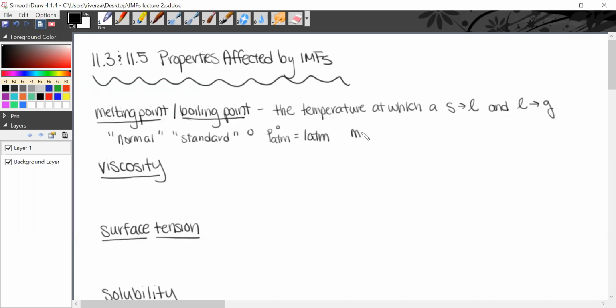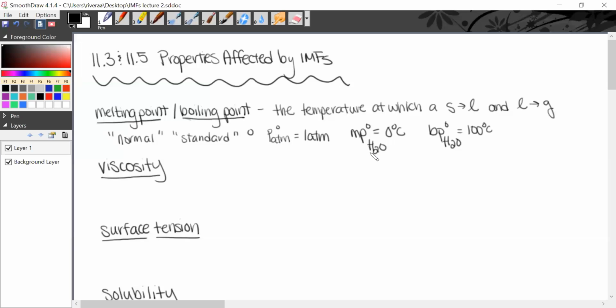And the normal melting point of water is 0 degrees Celsius. And the normal boiling point for water is 100 degrees Celsius. But later this week, we're going to look at how pressure can affect and change these melting points and boiling points. Okay, so that's just our definition.